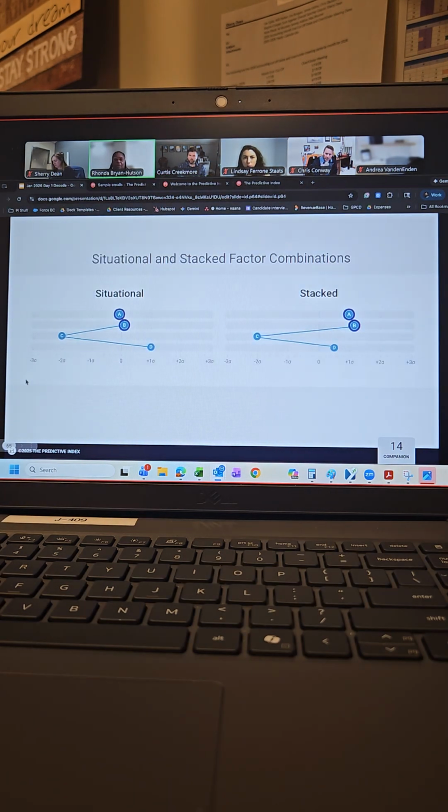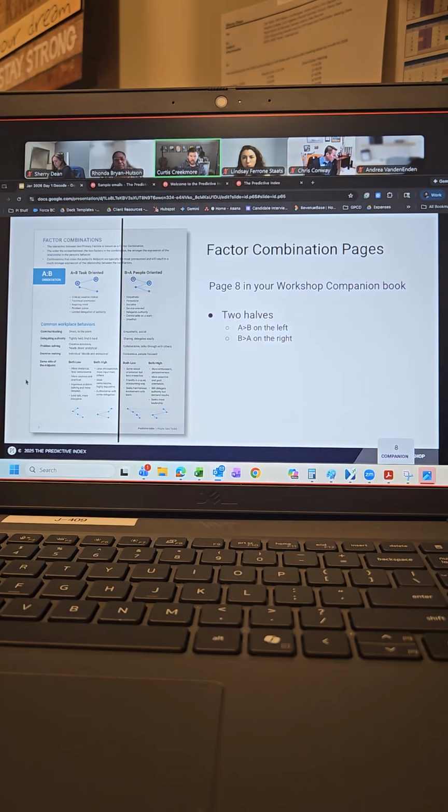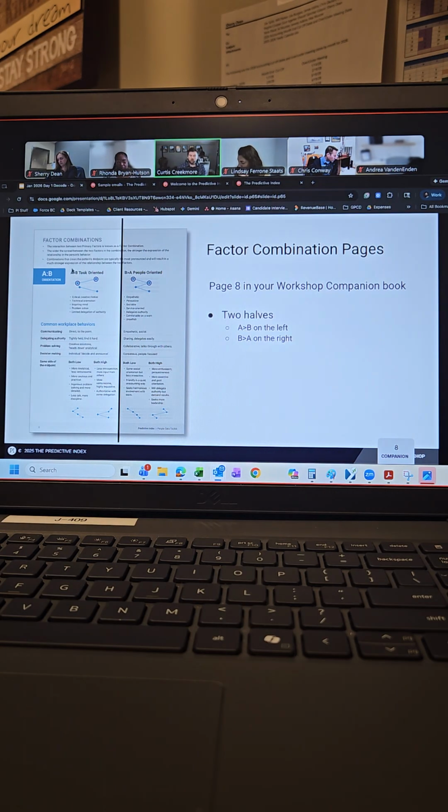Can you go over that one more time again? Yes. When you are looking at this factor combination page, it is split in the middle because you have one factor combination on the left, one factor combination on the right. For example, we're looking at the A-B factor combination. On the left-hand side of that page, you've got A over B, which means a person is task-oriented.